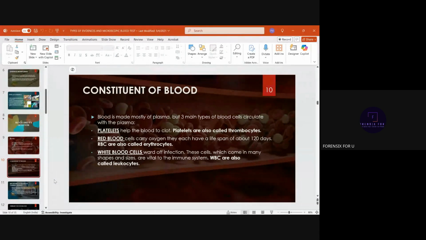The red part, the hemoglobin part, is not giving you any DNA. It is the WBCs that are giving you the DNA that we are analyzing in the lab. The WBC nucleus is the source of DNA in any blood at a crime scene or human body. So it is not the red blood cells that give you the DNA, it is basically the WBC, right?